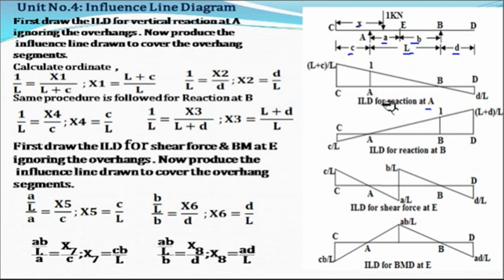We know that at support A the value of ordinate is 1 and at support B the value is 0. So this is the influence line diagram for the simply supported beam.